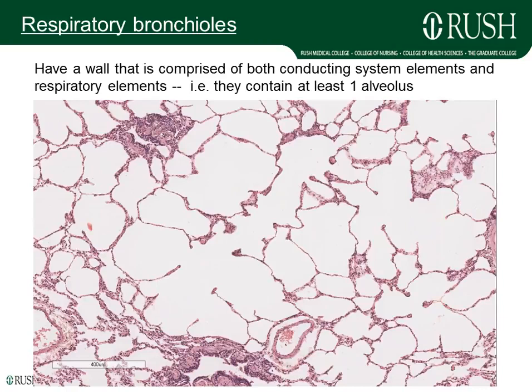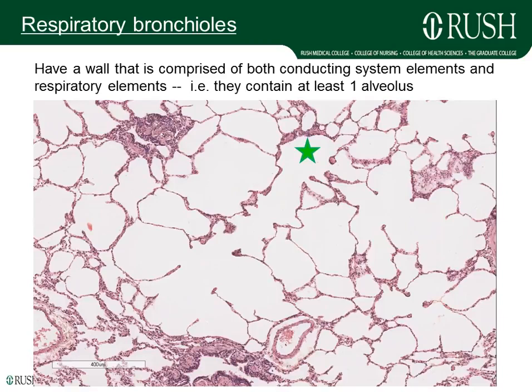So what are respiratory bronchioles? These are bronchioles that have a wall comprised of elements of both the conducting system, in other words, you're going to have at least cuboidal cells, and at least one alveolus. So it's going to have both conducting system and gas exchange system elements within it.